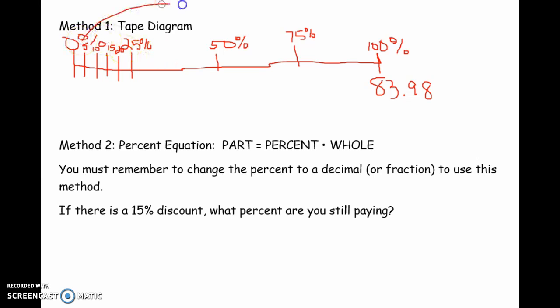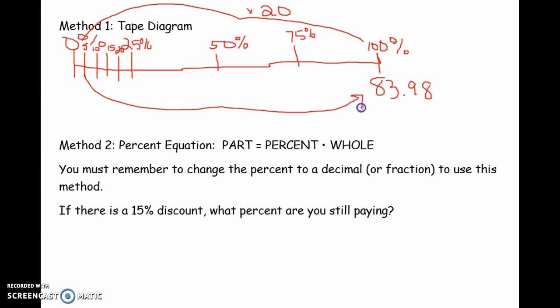If I wanted to figure out how many times 5 goes into 100, or 100 divided by 5, I would find out that that's 20. So if I know I need to multiply this by 20 to get $83.98, I know to do the reverse, I'm going to have to divide $83.98.